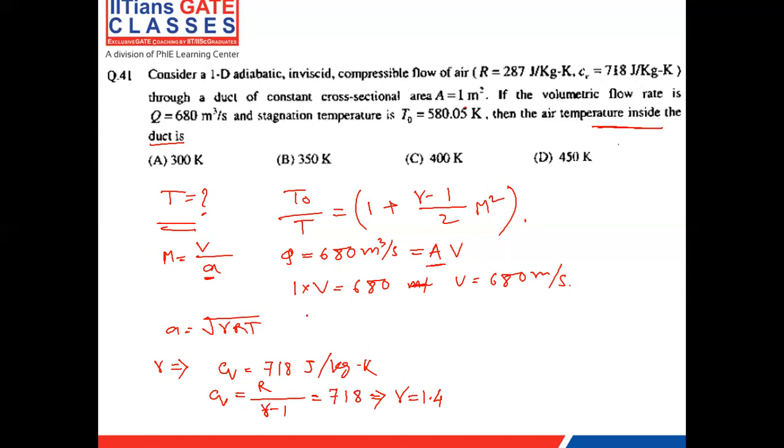So basically M, from this we get M is 680 divided by root over of 1.4 into R, which is 287, into T, and the value of this T we have to find out. So if we put this expression of M in this equation, what will we get?